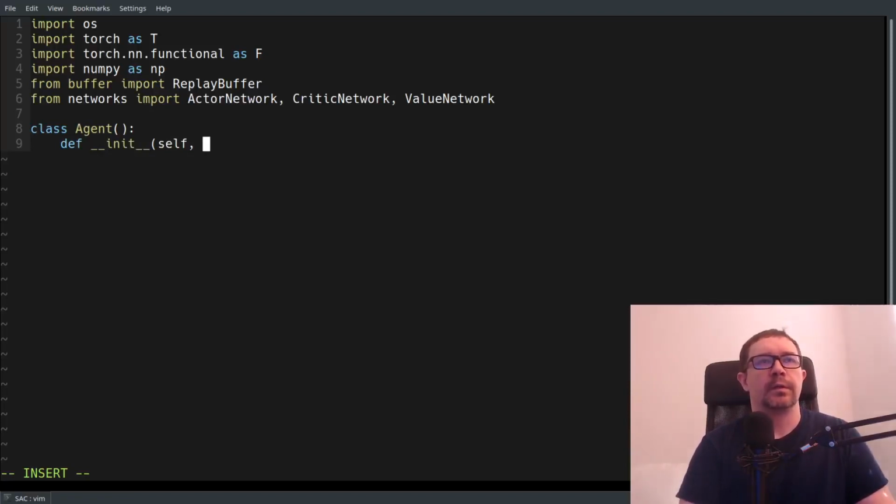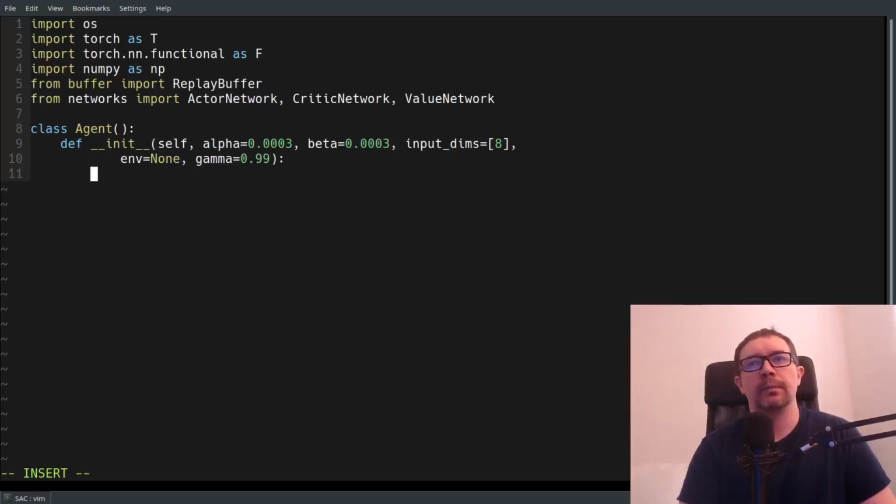We will need an alpha, a beta. You know what? Let's do this. Alpha. I'm just going to use the defaults from the paper right away. Use a default of 3 by 10 to the minus 4 for all of the networks. I'm just going to use something like 8 for the input dims, none for the environment, and a gamma of 0.99.